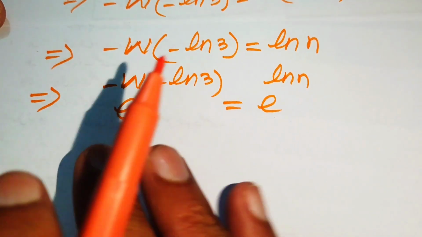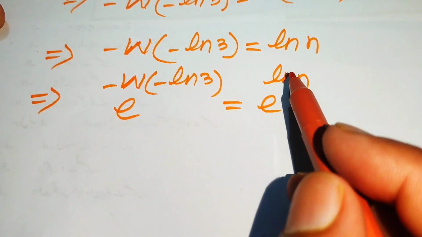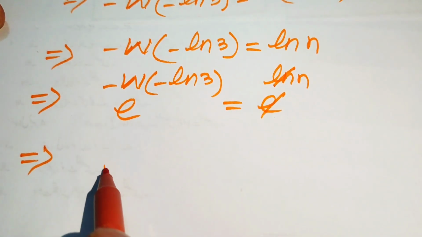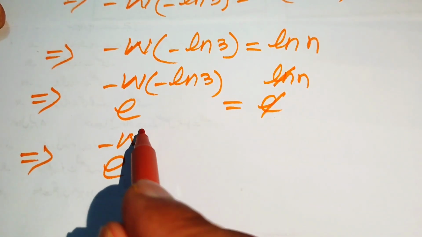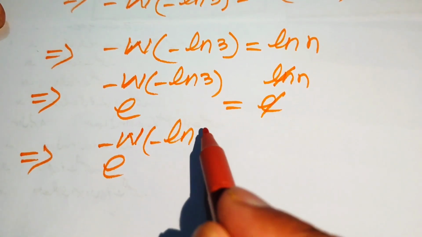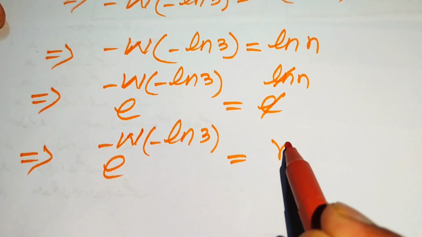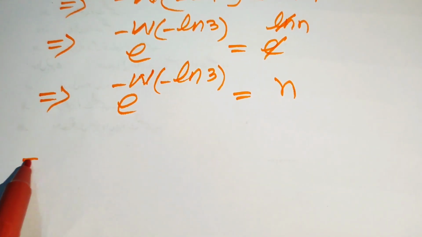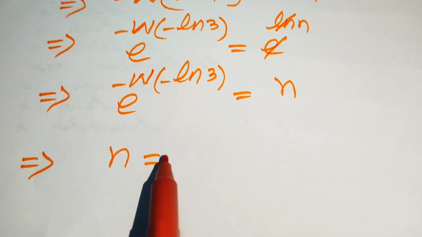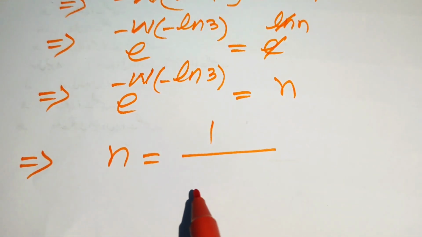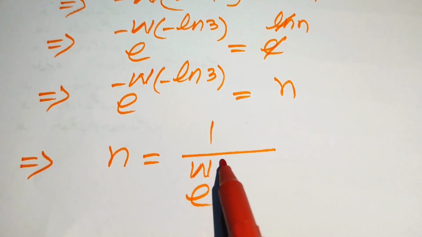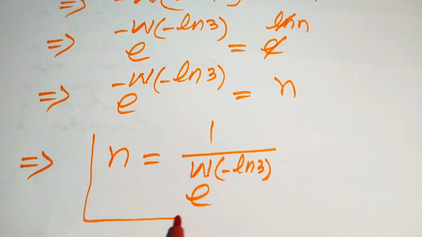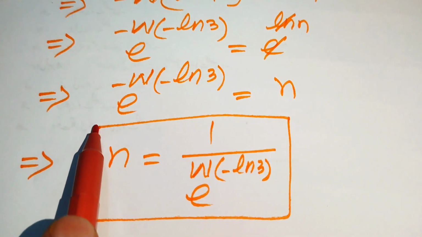You know that e is the anti-log of log, so these cancel each other, and we get in the right hand side n. So e to the power of minus W of minus log 3 equals n. Here the exponent of e is negative, so we move this exponent downside, and it will be written as e to the power of W of minus log 3. This is the final value of n.